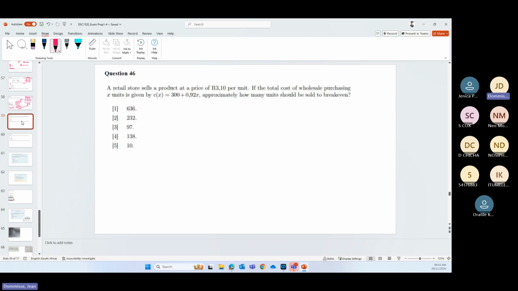Let's first see what they ask here. A retail store sells a product at a price of R3.10 per unit. If the total cost of wholesale purchasing x units is given by this, approximately how many units should be sold to break even?